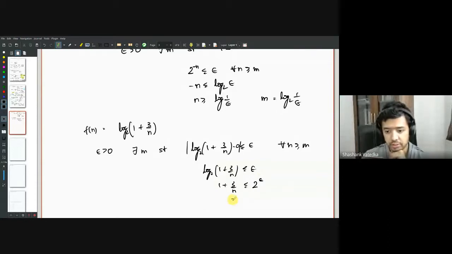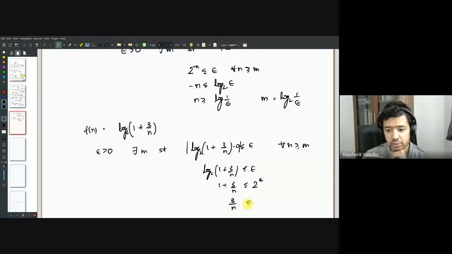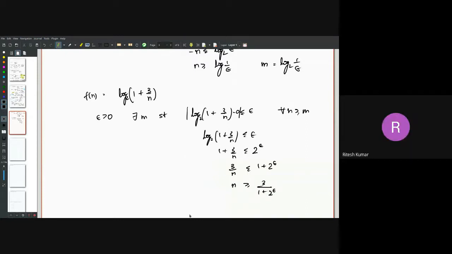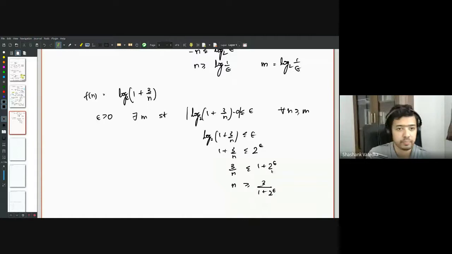Or 3 over n should be less than or equal to 2 raised to epsilon minus 1. So n should be greater than or equal to 3 over 2 raised to epsilon minus 1, as Ritesh mentioned. So the corresponding m is basically the ceiling of 3 over 2 raised to the power epsilon minus 1. That's correct. Yes, that's right.